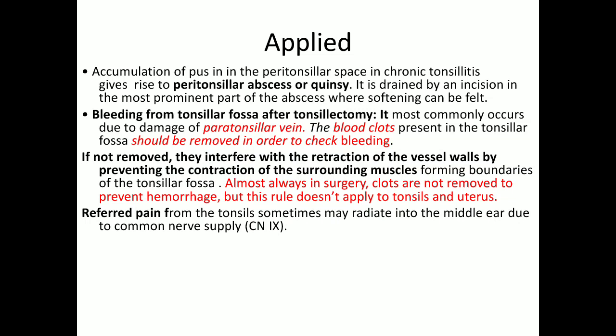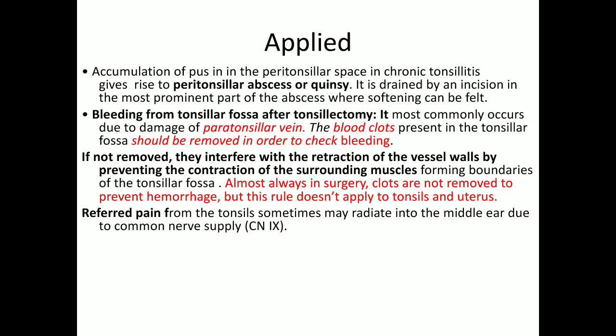But during all surgeries except tonsillar surgery or uterine surgery, we keep the clot after surgery, but during or after surgery of the tonsil and uterus, we have to remove the clots, because these clots will interfere with the retraction of the vessel walls, and by preventing the contraction of the surrounding muscles which are forming the boundary of the tonsillar fossa.